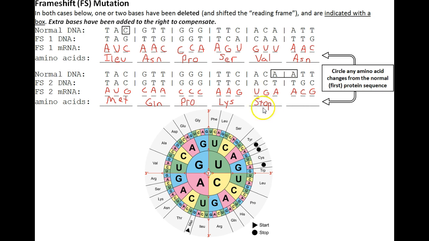Now, this stop actually is kind of important right here because remember, this is the period at the end of a sentence. And in this case right here, it doesn't really matter what I have after that. That wouldn't be translated anyways because it would get to this and it would stop. So when I deleted that thing, I'm actually deleting an entire base there. So if I'm to circle all the ones that are different, isoleucine, asparagine, serine is new, valine is new, another asparagine in there.